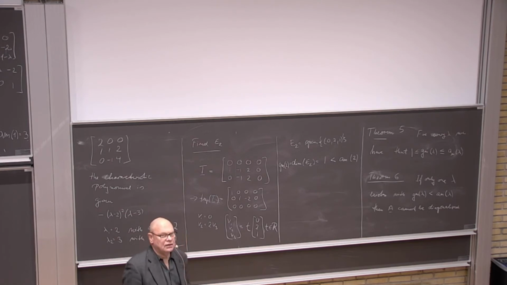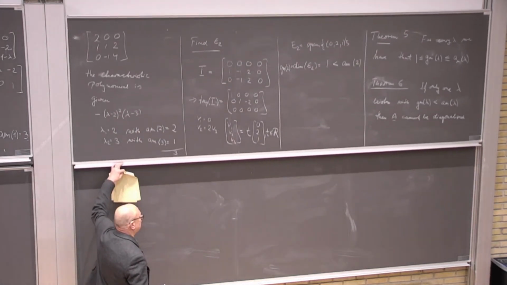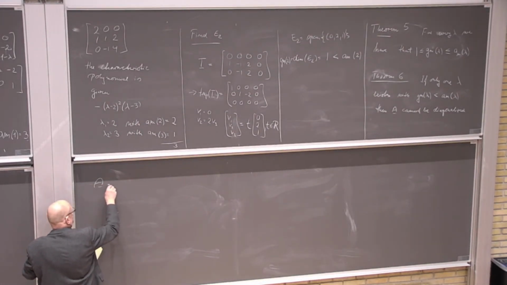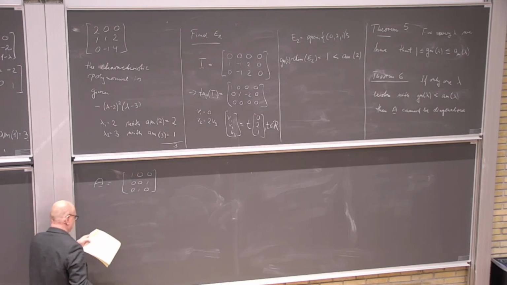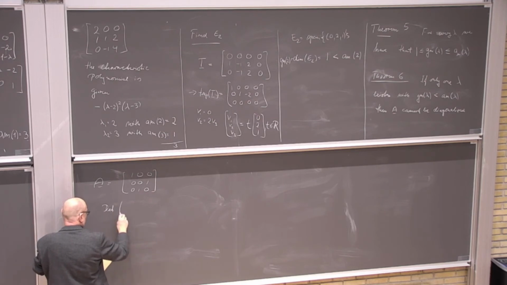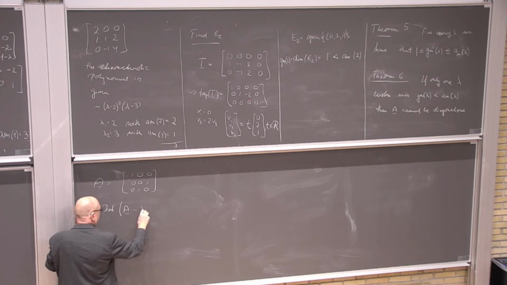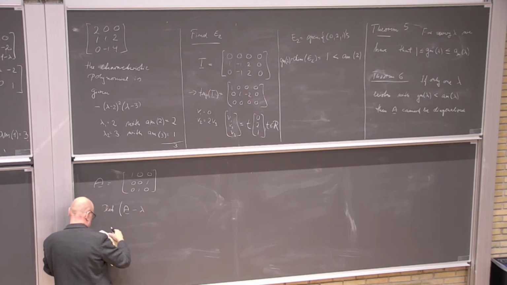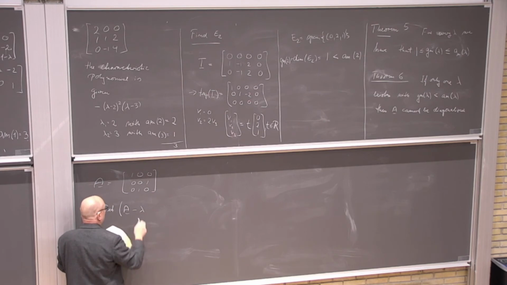Okay. One final example. I'll hurry with this. A is equal to the matrix with rows 1, 0, 0, then 0, 0, 1. Now, the determinant of this one, oh, it should be minus 1.